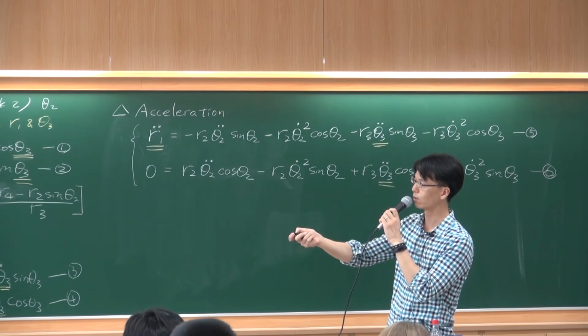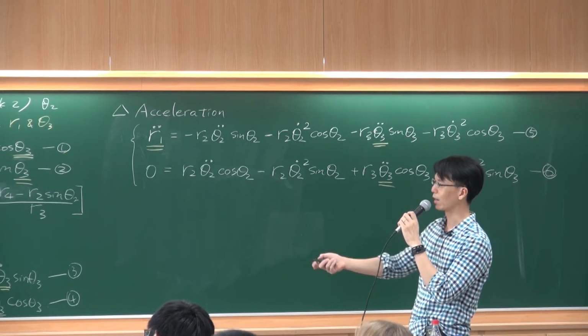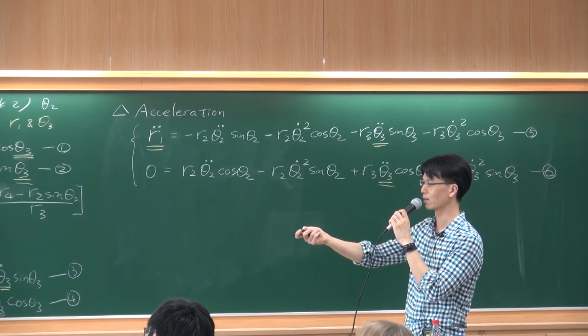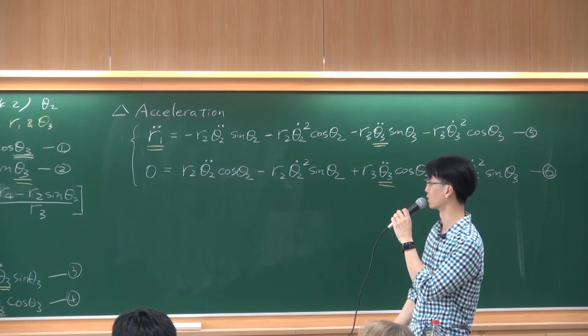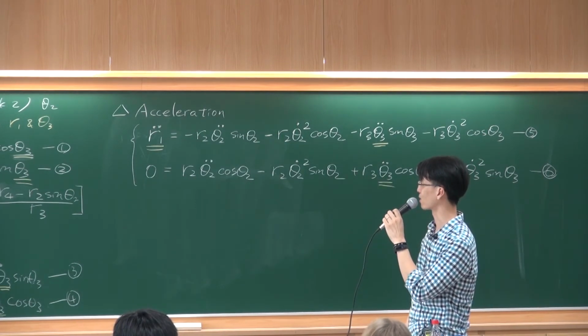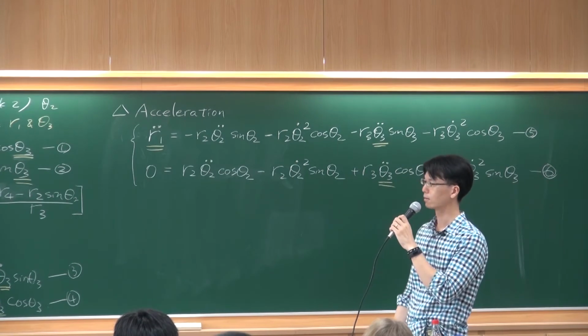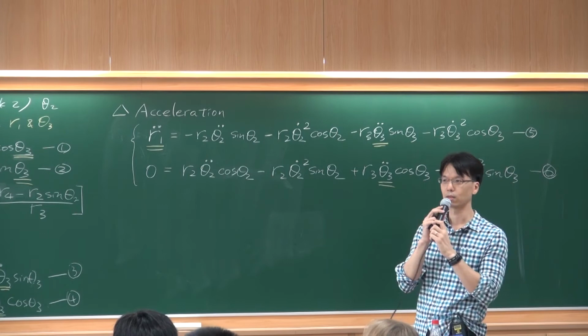We only have normal and tangent terms. But in some cases, you may have four terms for the acceleration, so it's going to be more complicated. And this one is not so bad. Any questions?